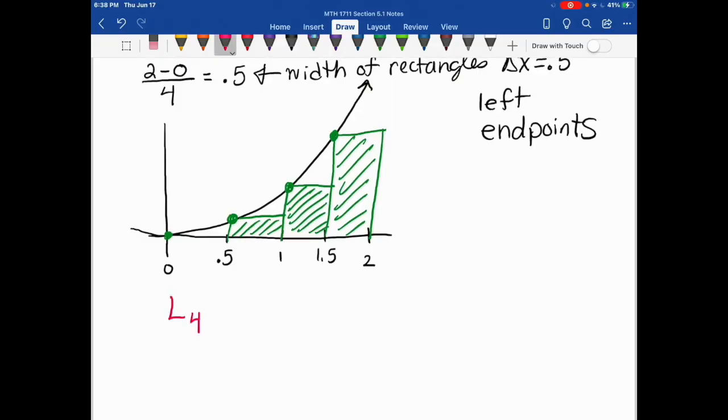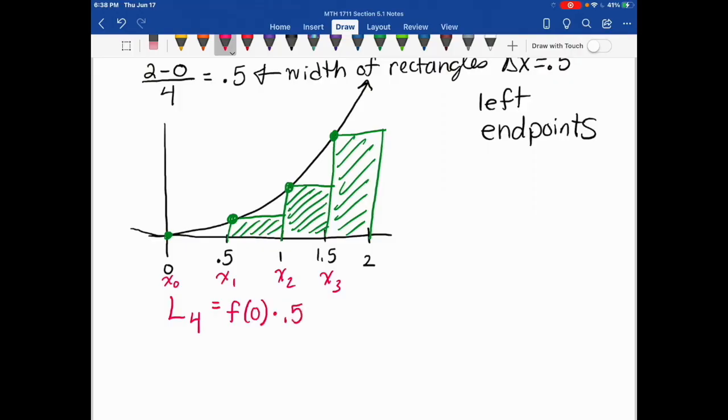So now I'm going to label this L4 because I'm using the left endpoints and I am using 4 intervals. I'm going to call this x sub 0, x sub 1, x sub 2, x sub 3. So these are the points that I'm plugging in.